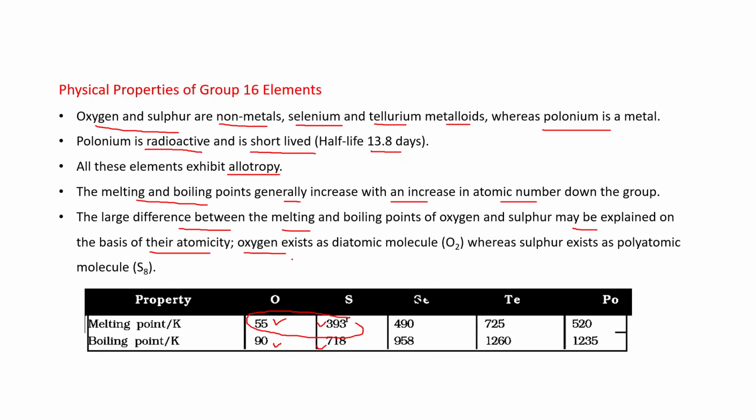Oxygen exists as the diatomic molecule O2, whereas sulfur exists as the polyatomic molecule S8. The smaller the molecule, or the smaller the molecular mass, the less the magnitude of van der Waals force. That's why less energy is required to melt or boil. Clear?